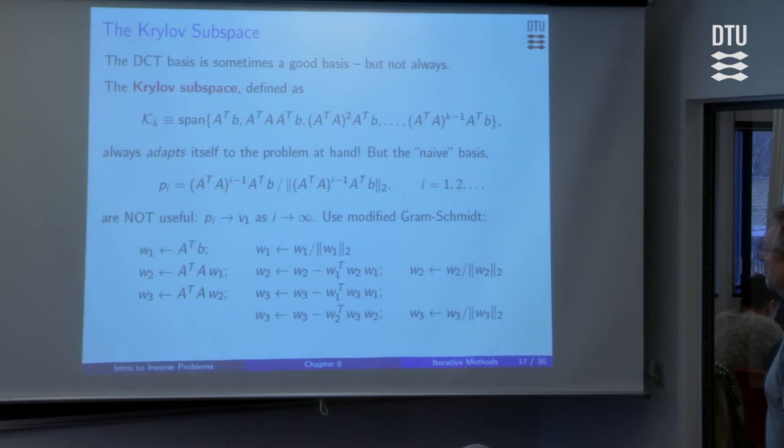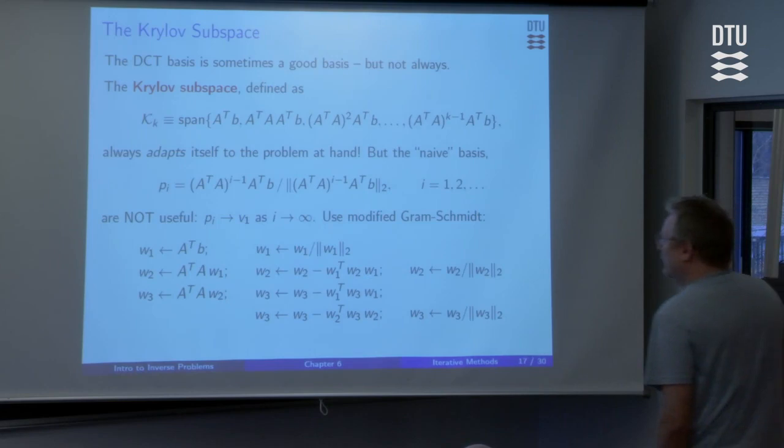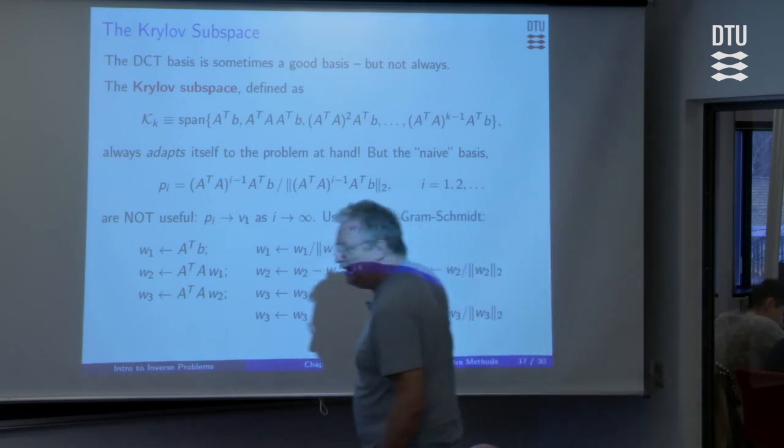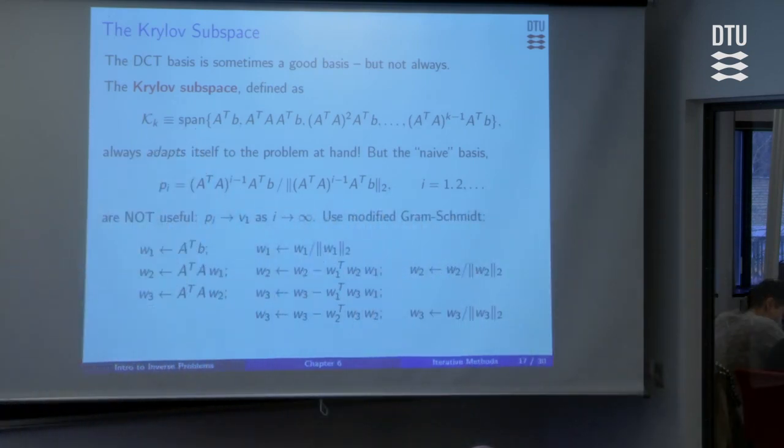It's much better to work with basis vectors for the Krylov subspace that are actually orthonormal. So what you can do is you could in principle run an algorithm like the one here at the bottom, which is based on modified Gram-Schmidt orthonormalization, and that creates a basis W1, W2, W3 for this Krylov subspace here.